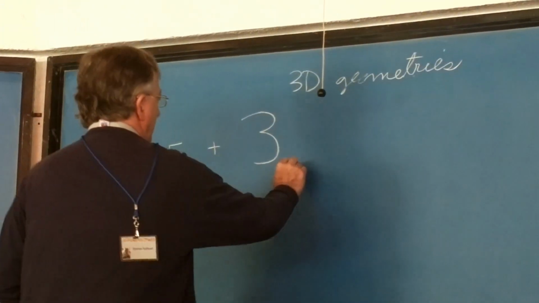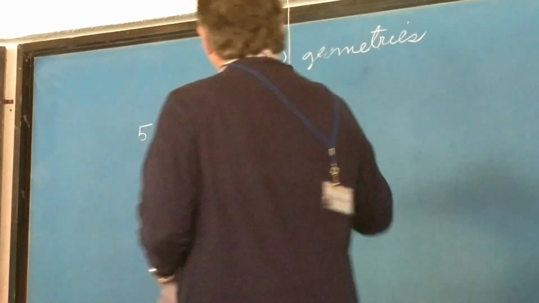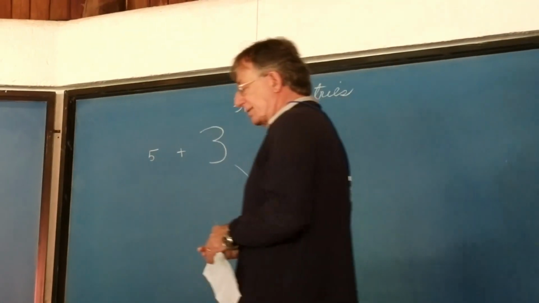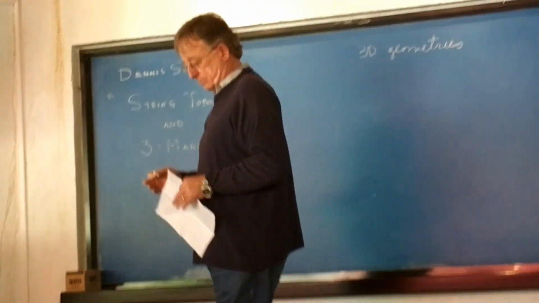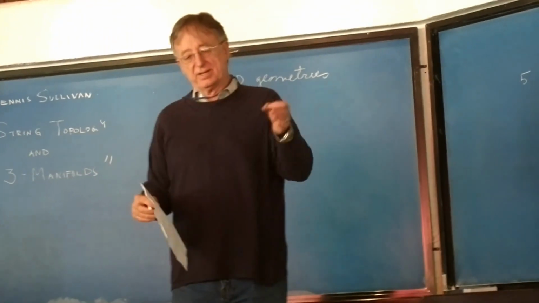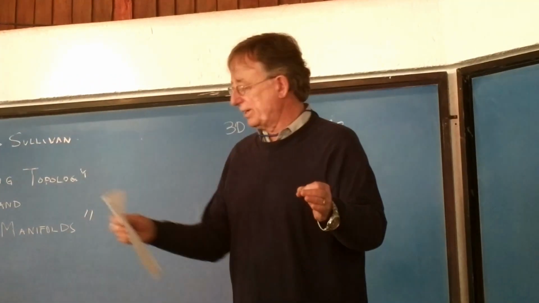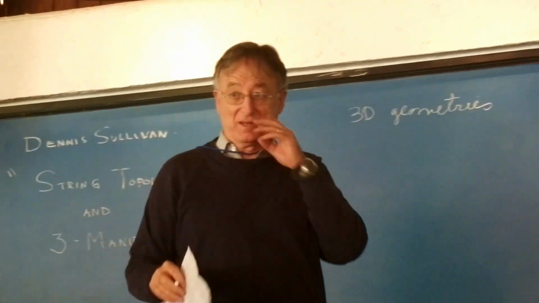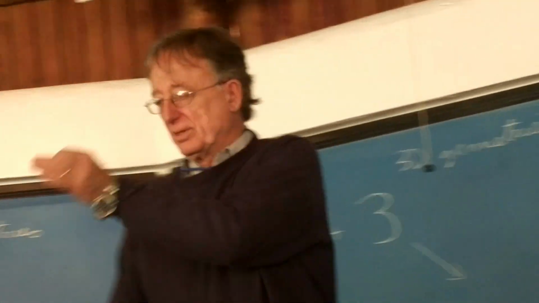So 3D geometry means there should exist a simply connected three-dimensional Riemannian manifold which is complete, and it's homogeneous in the sense that it is locally homogeneous. Every little point, a neighborhood of every point and the neighborhood of any other point are isometric. Not by global isometry necessarily, but there's a little isometry here that takes us over here.